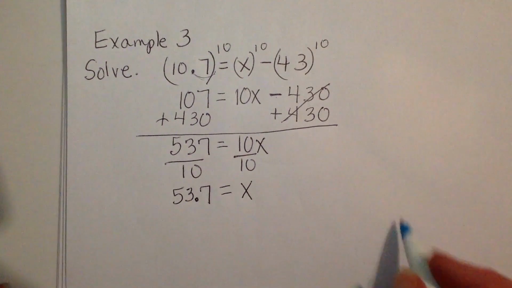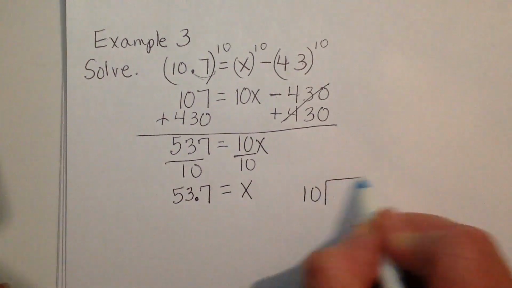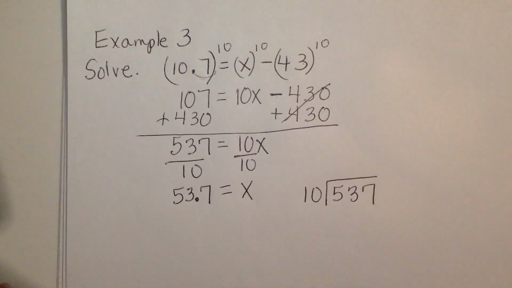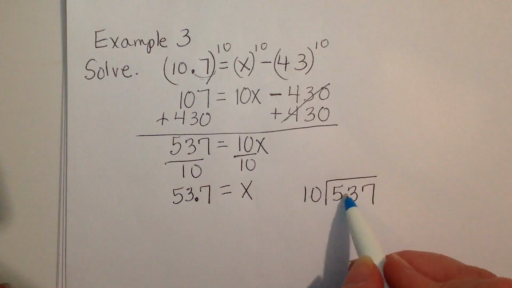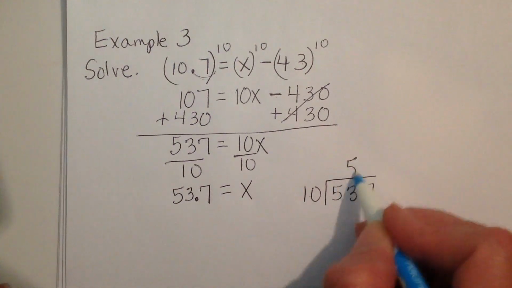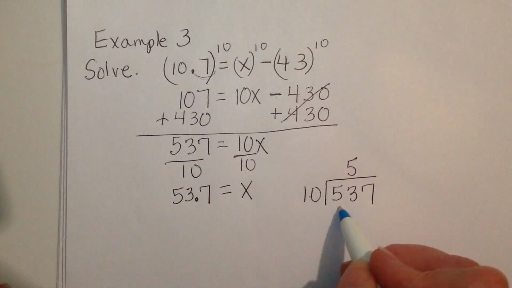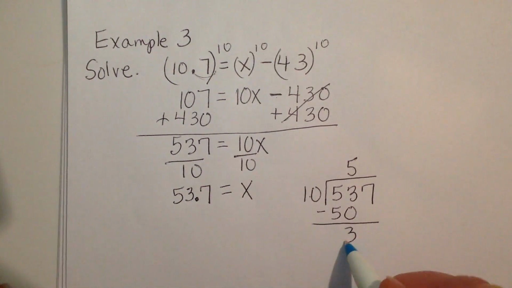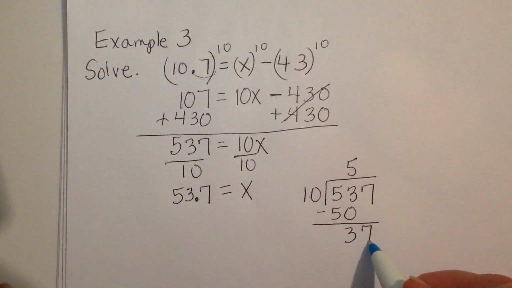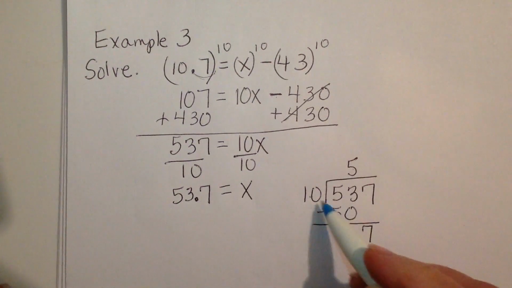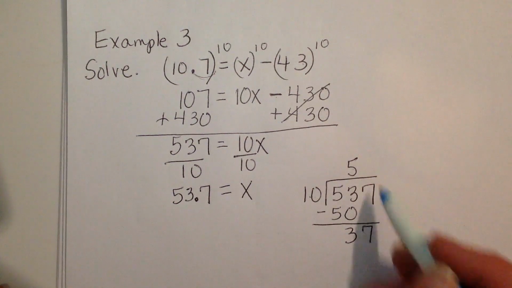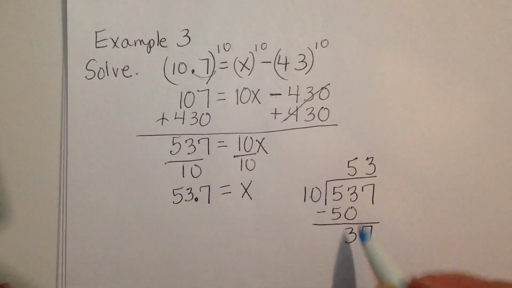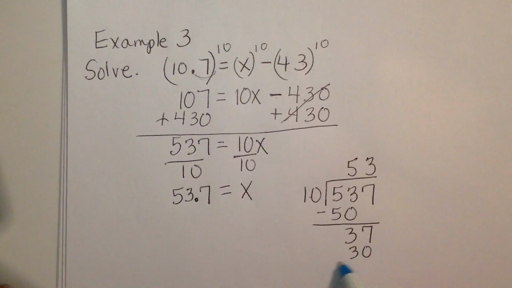53.7. Now you can divide that by hand if you want to. 10 divides into 537. 10 divides into 53 5 times. 5 times 10 would give you 50. When you subtract, you get 3, bringing down your 7. 10 divides into 37 3 times. 3 times 10 gives you 30.